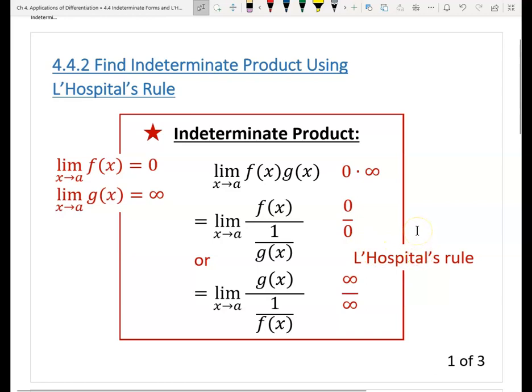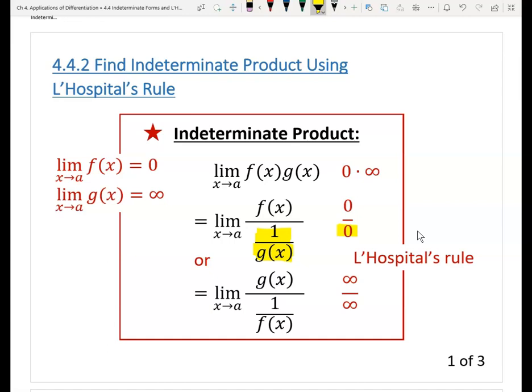If we put g into the denominator, which means f divided by the reciprocal of g, and g approaches infinity, then 1 over g, the reciprocal of g, will approach 0. Now we have 0 over 0. Therefore, L'Hopital's rule we can use.